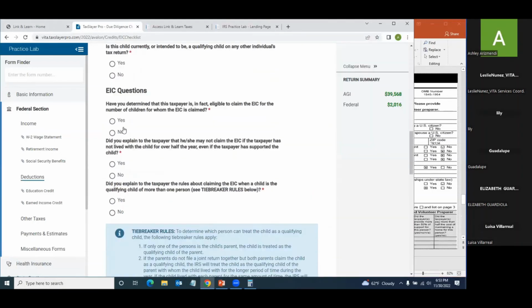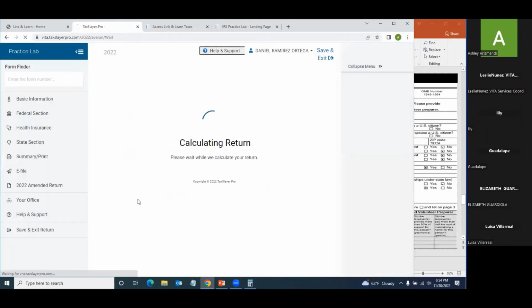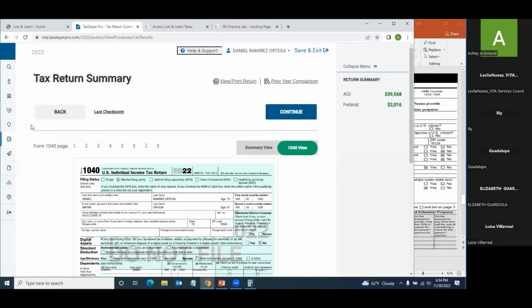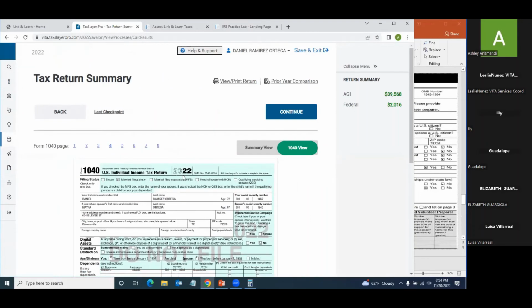The EIC questions, have you determined that this taxpayer is in fact eligible to claim the EIC for the number of children for whom the EIC is claimed? To determine that the taxpayer is eligible to claim the EIC, on the summary print, you would be able to see that here. If you click on summary print, it'll take you to the 1040.